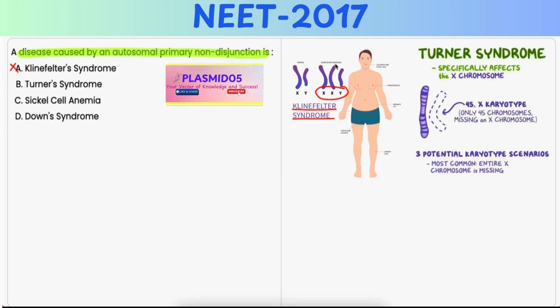Option B, Turner syndrome. It is also incorrect because Turner syndrome is caused by a monosomy of X chromosome. That is, one X chromosome is absent, resulting in 45 as the chromosome number. And this also results from non-disjunction of X chromosomes and not autosomes.